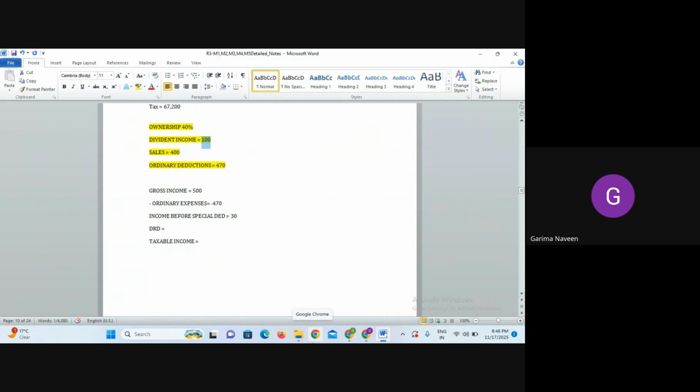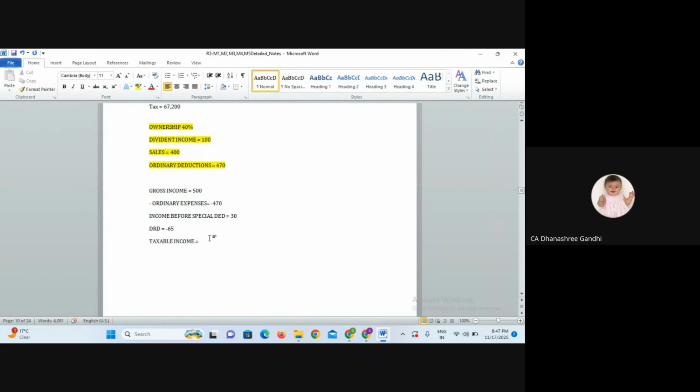So if applying the DRD percentage will give you net operating losses, then you do not have to consider the lower amount. You always calculate this DRD on the dividend income. So if you apply the dividend received deduction on dividend income, it will give you the deduction of 65. If you deduct the 65, will it result in net operating loss or not?